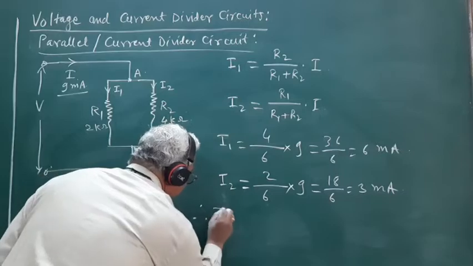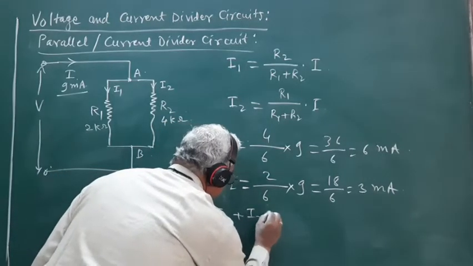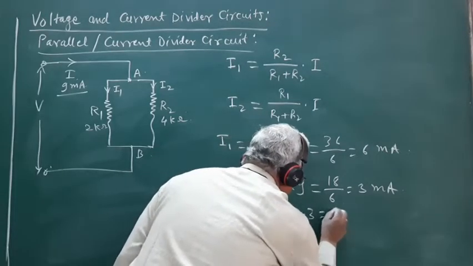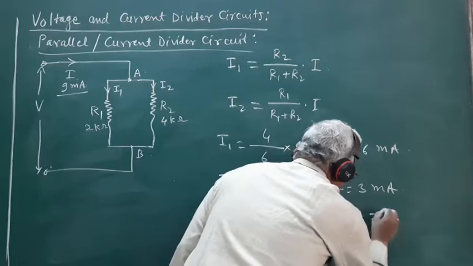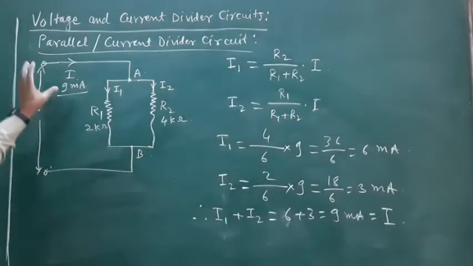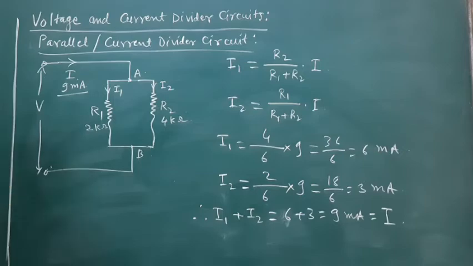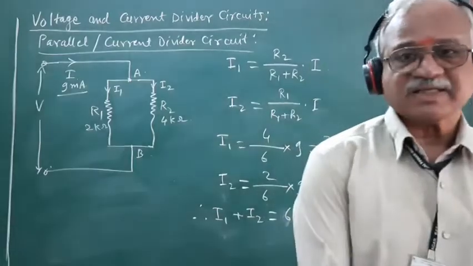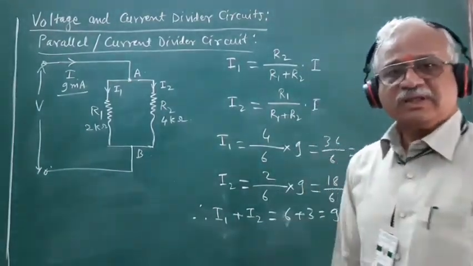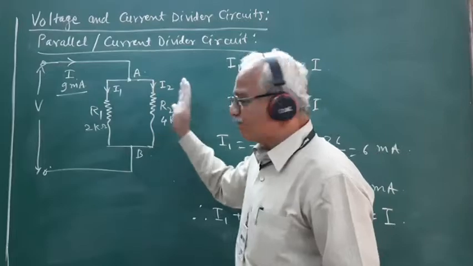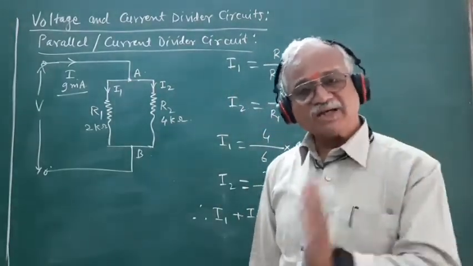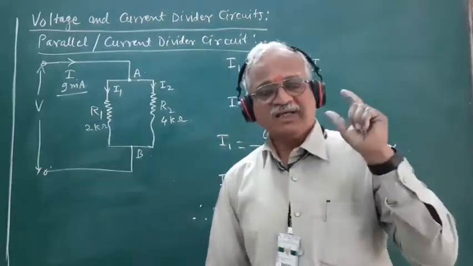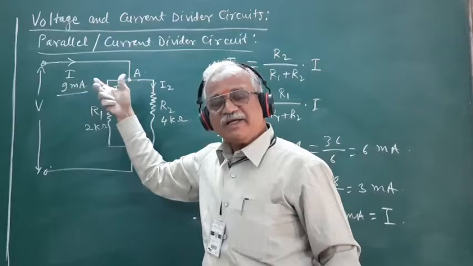So, if we take the sum of I1 and I2, that is 6 plus 3, it is 9 milliampere, and this is nothing but the total current I drawn. So, in case of the parallel circuits, it is observed that the sum of the currents flowing through the different parallel branches is equal to the total current I drawn from the source.